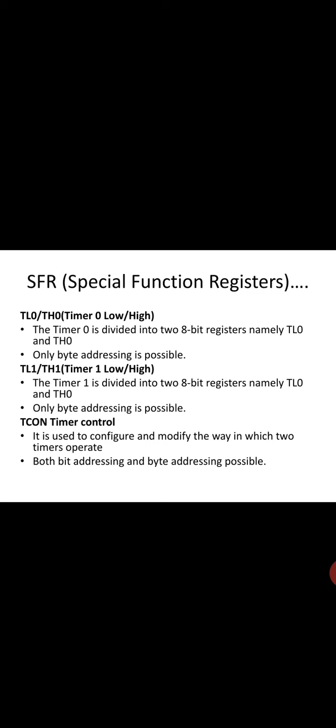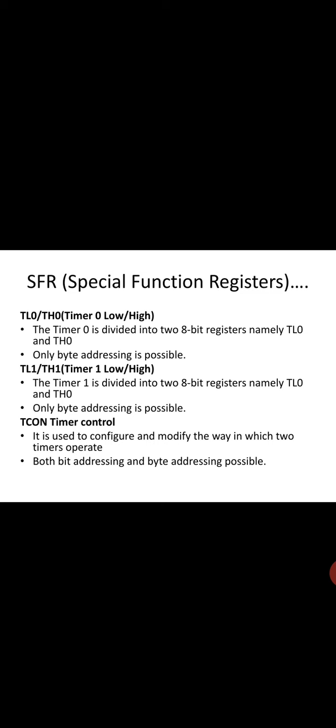Next is timer 0. Timer 0 is divided into two 8-bit registers, namely TL0 and TH0. L and H here indicate lower and higher order bits of timer 0. Only byte addressing is possible in timer 0.